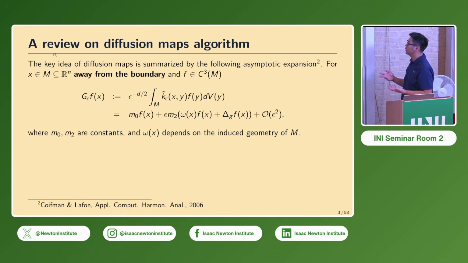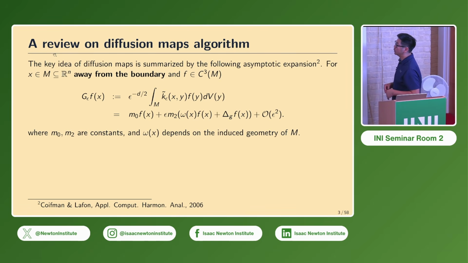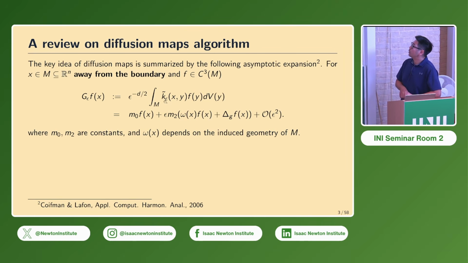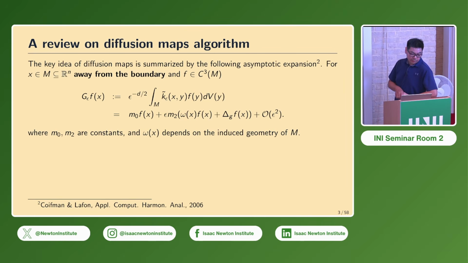It's based on the following asymptotic expansion. Suppose I have a kernel k epsilon, let's say an exponentially decaying kernel, and define an integral operator G epsilon, scaled with epsilon to the minus d over 2. This is a volume integral over a sub-Riemannian manifold in R^n, staying away from the boundary.